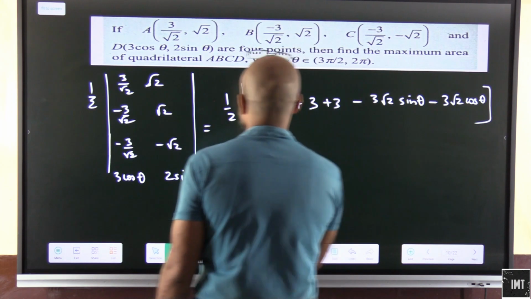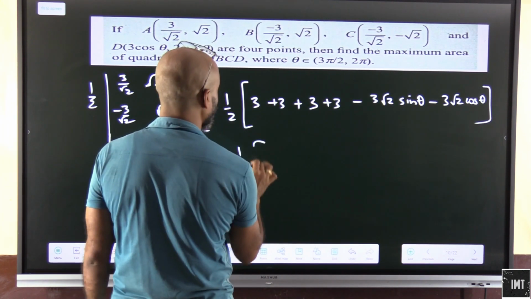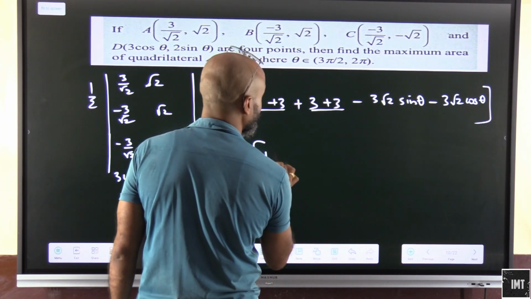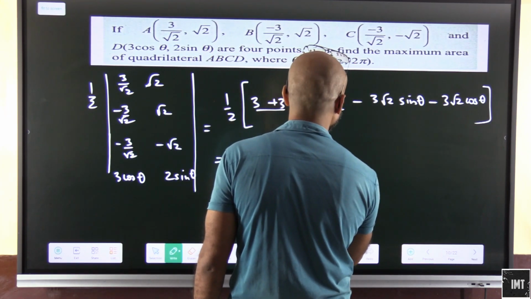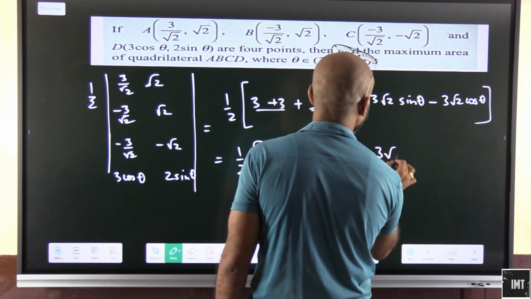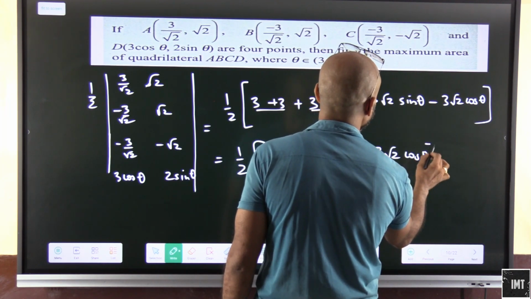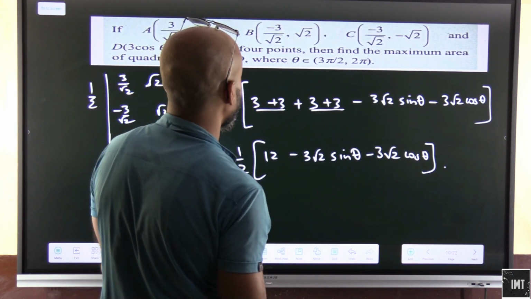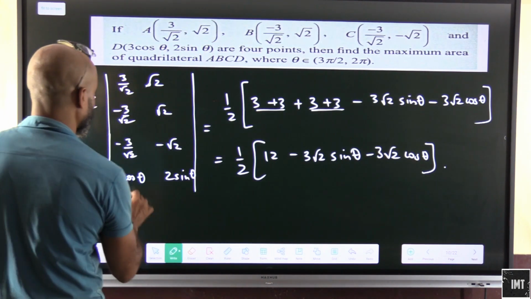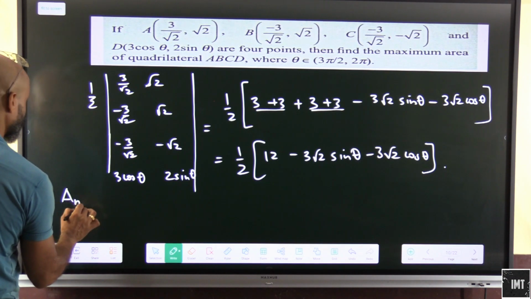What will be the value of this? 3 plus 3 is 6, 6 plus 6 is 12, 12 minus 3 under root 2 sin theta minus 3 under root 2 cos theta. So this will be the area. You have to find out the maximum value of this area.